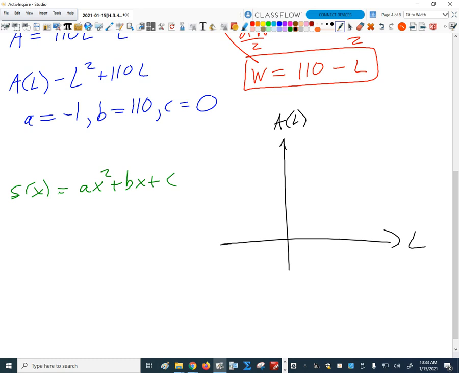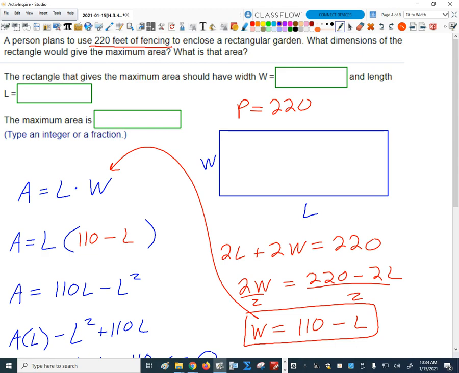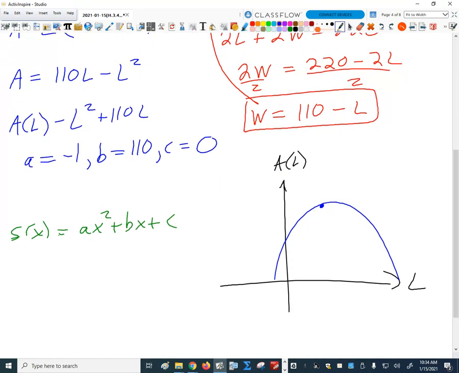And we already know, based on the parameters, Kendall told us that this is going to open down. And so we're going to have some vertex somewhere. I'm not trying to be specific right now, but I know this thing is going to open down, and I'm asked to find the maximum area. Well, Kendall, where's that going to occur on my function?